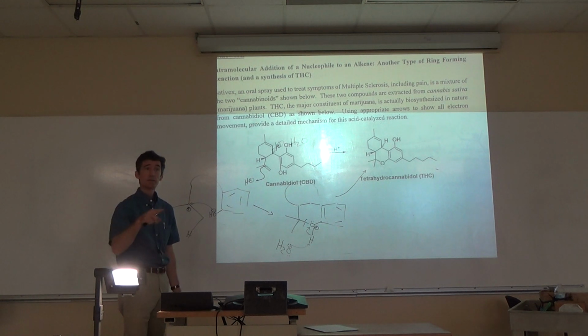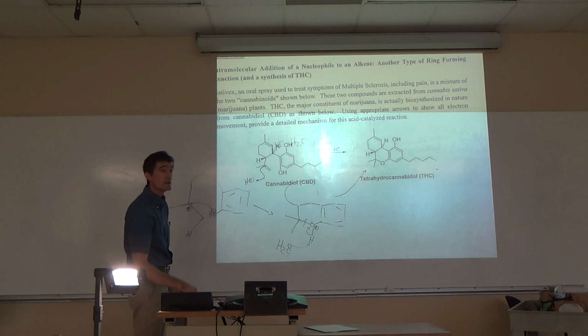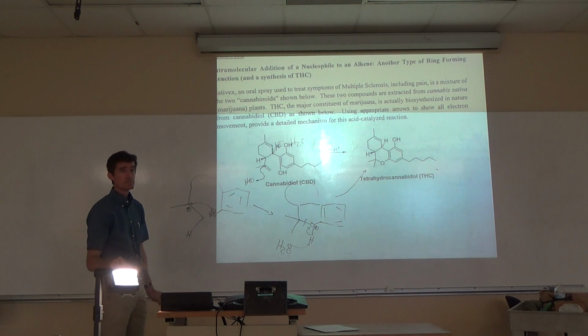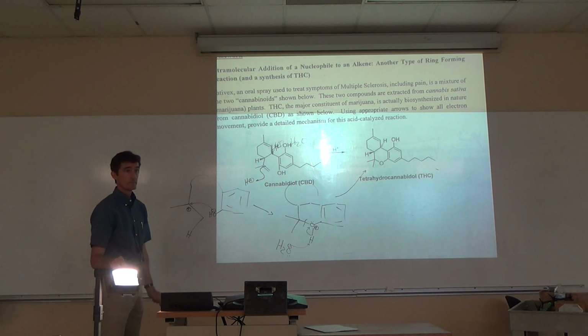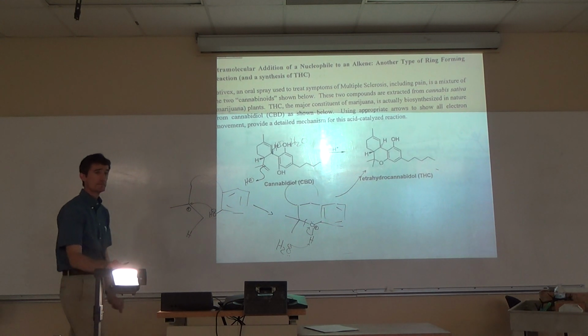Is there a question? Yes. When we do our mechanisms, are we required to circle the lone pair, or can we just have the arrow leading from the lone pair? Not required to circle the lone pair. I highly recommend it, because I think it will ensure that you are doing your mechanisms correctly.